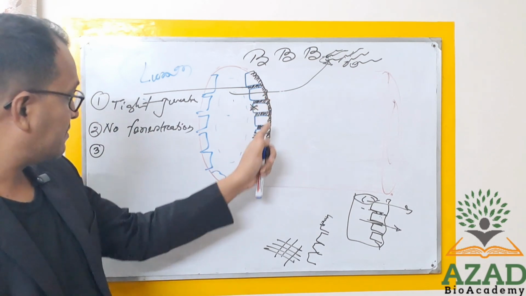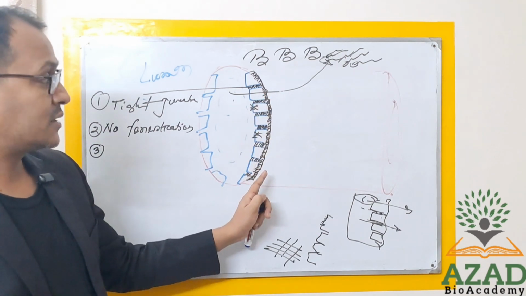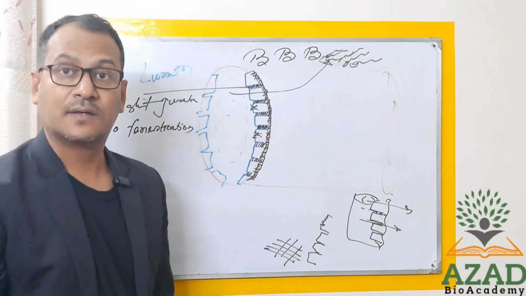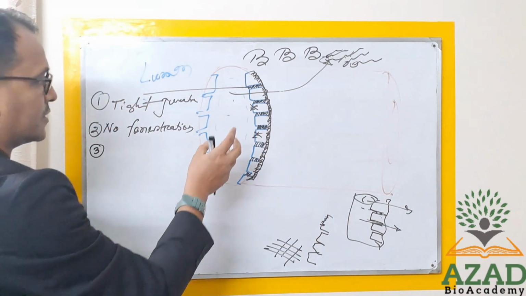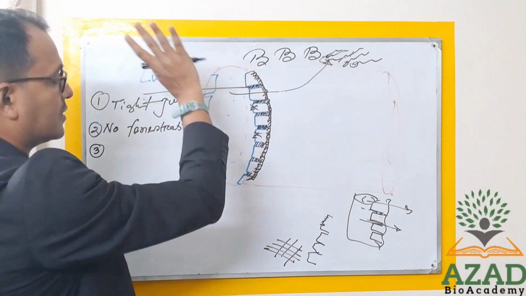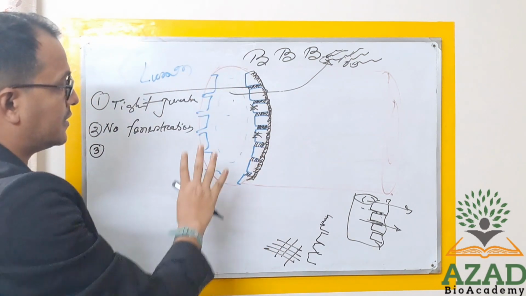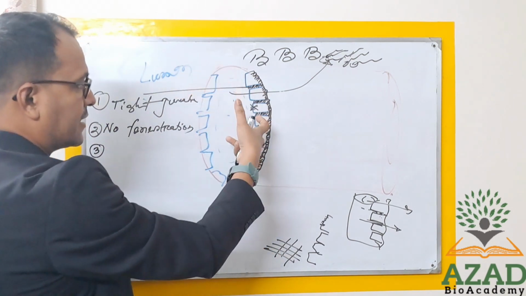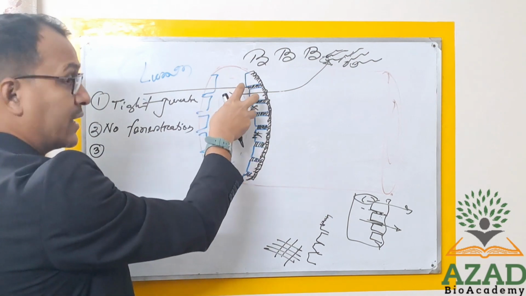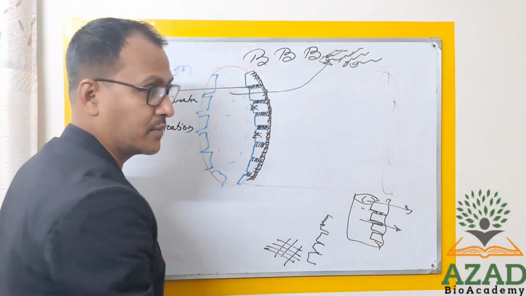So that basement membrane, or you can say the basal lamina, is continuously present within the brain, and it is not as organized in other capillaries as in the brain capillaries.